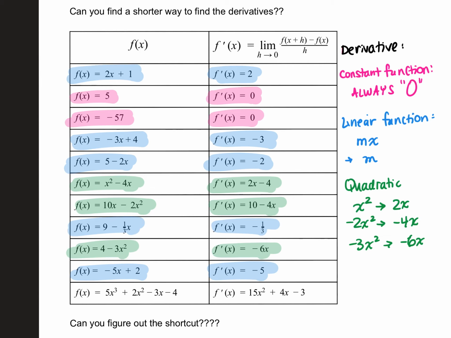Look, we take whatever the power was here, which is 2, and think of you have this imaginary 1 out in front of your x squared. So think of taking that 2 and multiplying it by 1. That gives us 2. 2 times negative 2, that would give us our negative 4. 2 times negative 3, that would give us our negative 6.